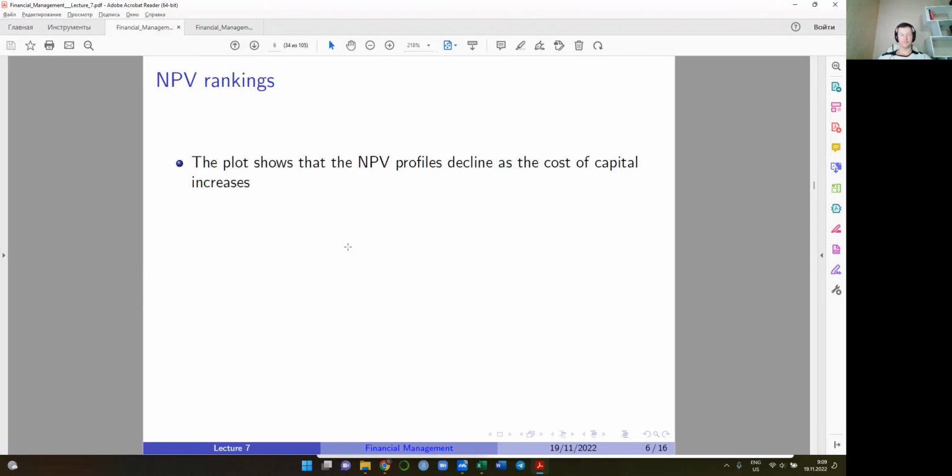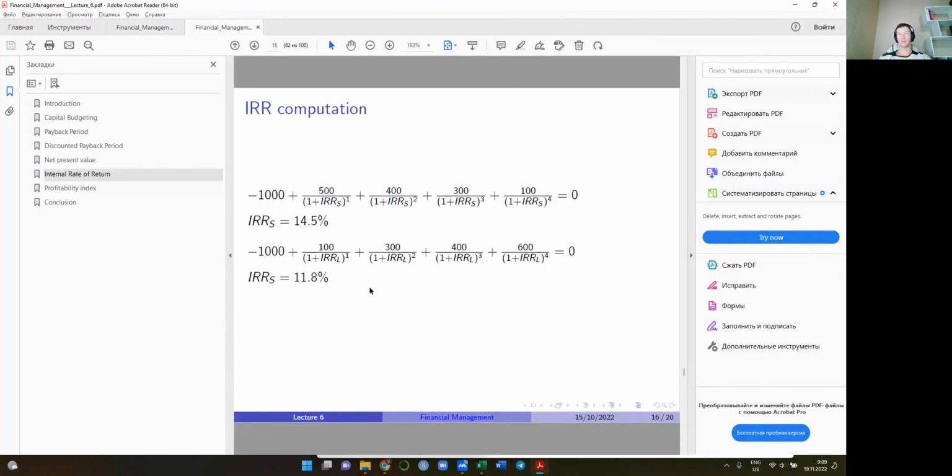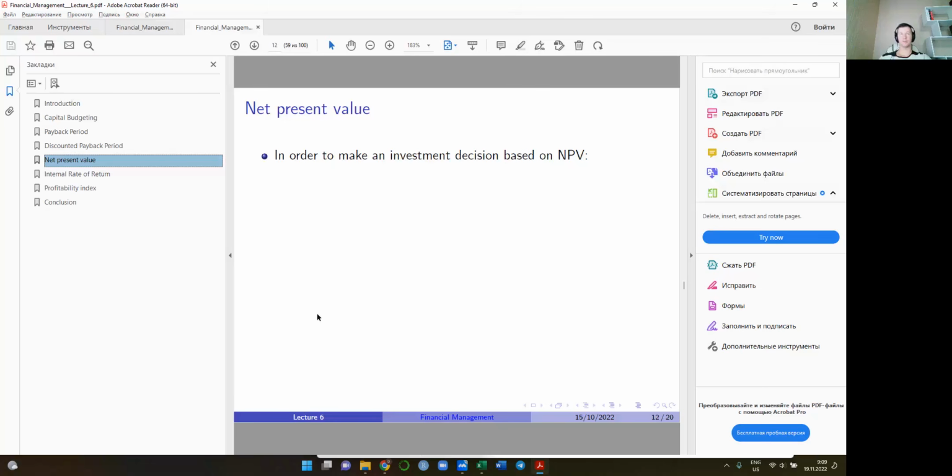Now, what else do we see from the plot? The plot shows that NPV profiles decline as the cost of capital increases, which is no surprise for people who know something in mathematics.